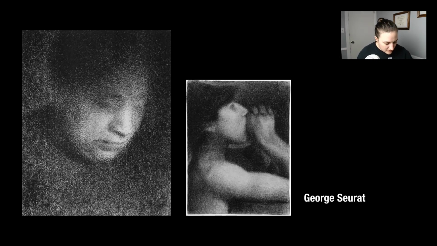So probably I would venture to say the most famous artist that has used pointillism, or really what made pointillism famous, was George Seurat. He did a lot of pointillism paintings.